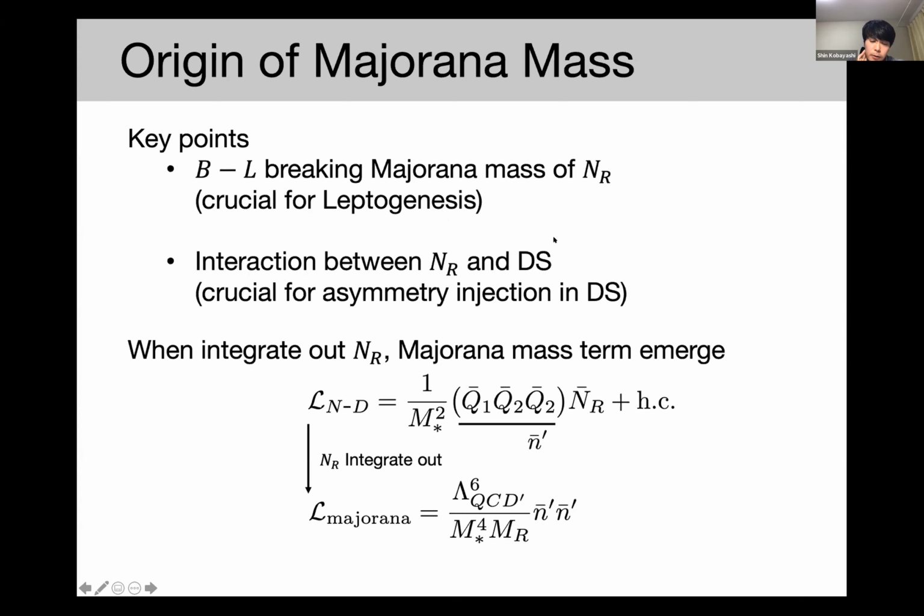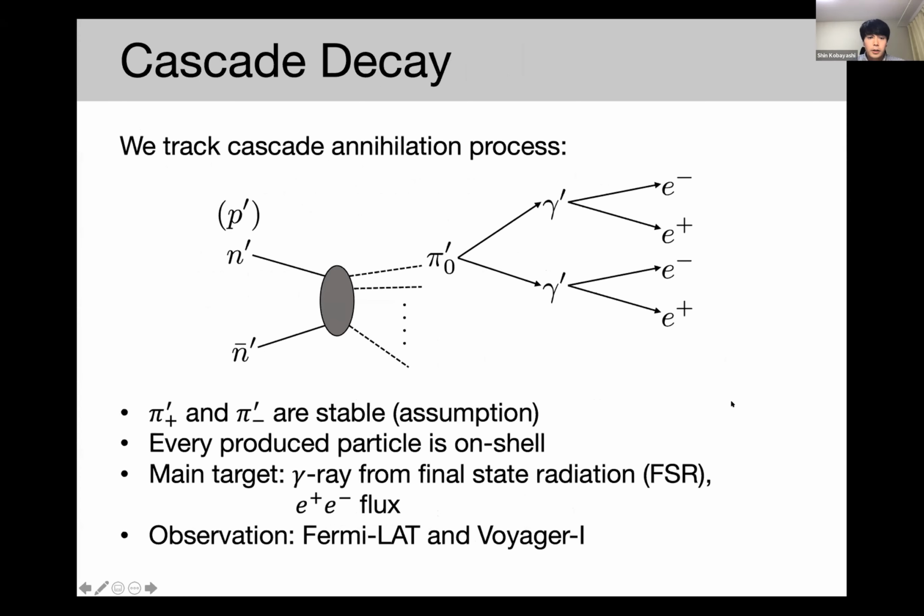These 2 points lead to the Majorana mass in the dark neutrons like this. And in the UV theory, this dimension 6 operator can lead to the Majorana mass, like in this mechanism.